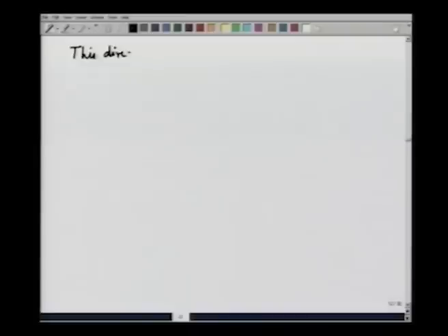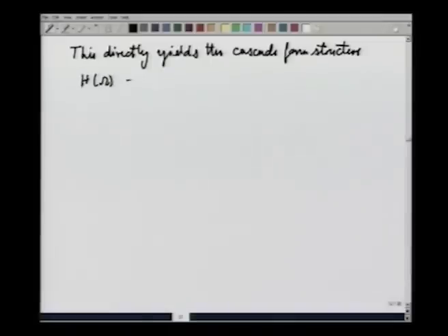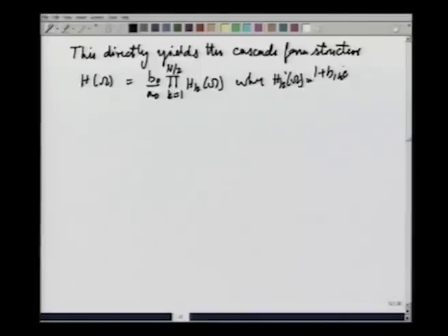This directly yields the cascade form structure: H of omega equals B0 by A0 times the product k equals 1 to n by 2 of hk of omega, where hk of omega equals 1 plus b1k e to the minus j omega plus b2k e to the minus 2 j omega over 1 plus a1k e to the minus j omega plus a2k e to the minus 2 j omega.